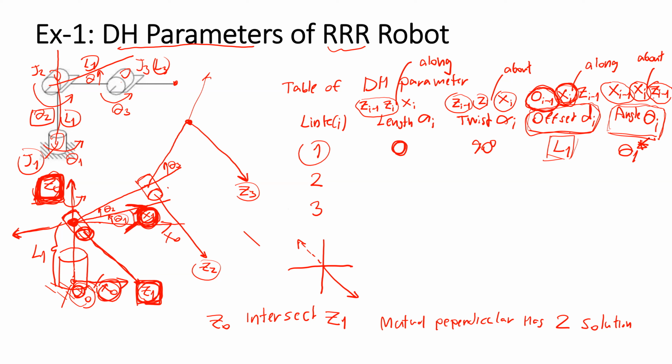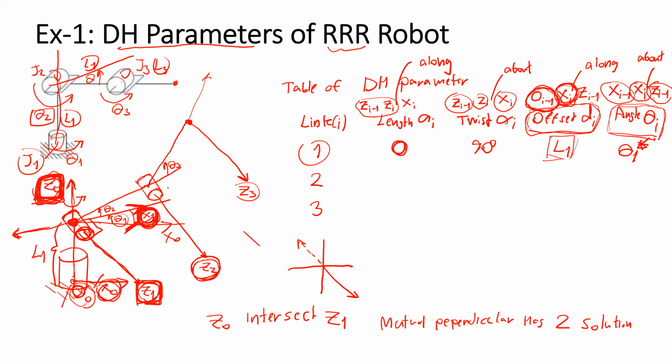Now we have already attached frame 0 and frame 1, and we have obtained the parameters of link 1. How about link 2? We have Z2 already in the axis of the joint.